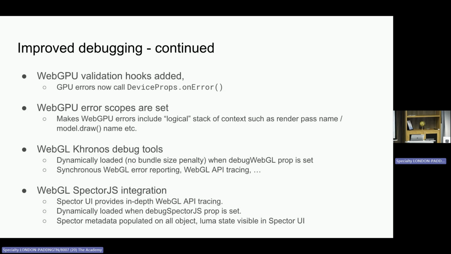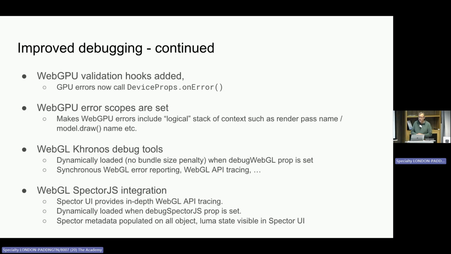And the same, we also have a strong Spector.js integration. Spector.js provides a beautiful UI that allows you to really see what's going on with the WebGL calls and your framebuffers and all the parameters and all that. That's also dynamically loaded. So when you turn on Spector.js, it's loaded, and the rest is not part of the code.